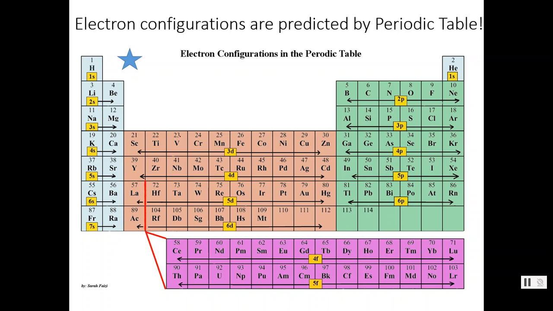Well, what's great is that you can use your handy dandy periodic table to determine the electron configuration, or the principal quantum number and letter, for a particular electron in an atom. So in the next video, we're going to start with this slide, and we're going to talk about how you can use the periodic table to determine the electron configuration or the quantum numbers for an electron in an atom.